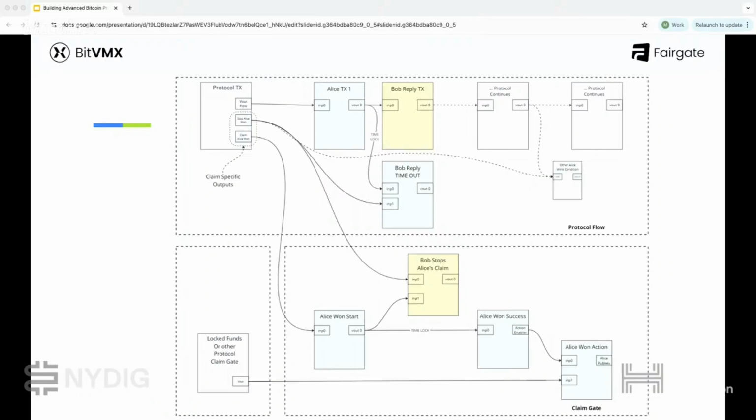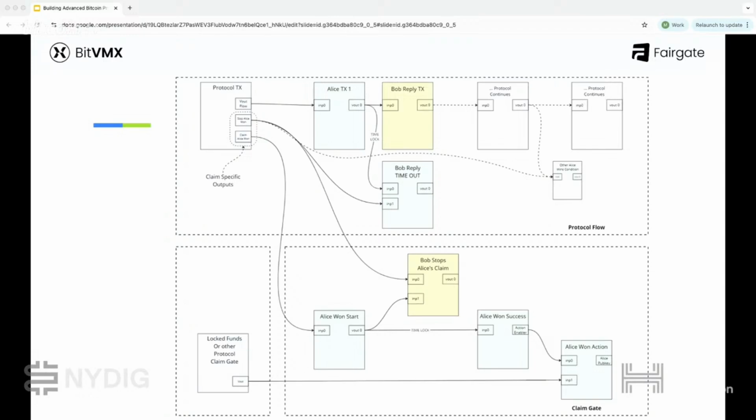But if Bob doesn't reply on time, then Alice has a chance to penalize Bob for not putting this input on chain. These kinds of things happen all the time in a lot of transactions. Usually what you want to connect is this for a specific result or a specific action, or actually taking the funds. But if you need to tie this to every one of these cases of success, you end up replicating a lot of transactions.